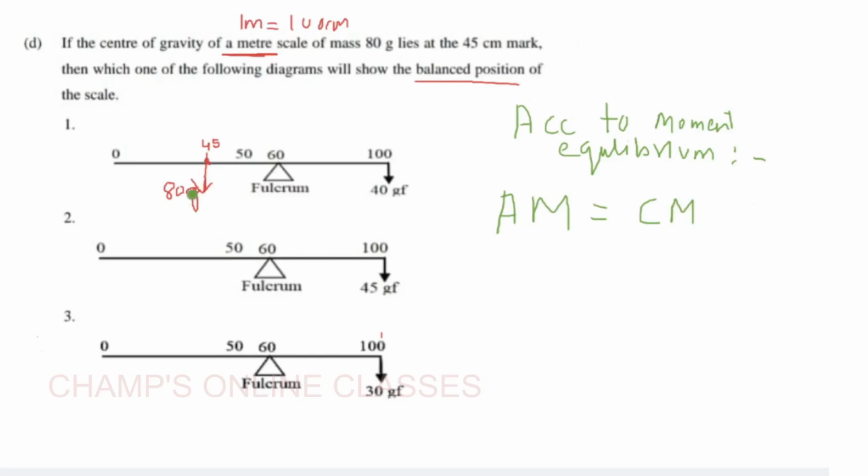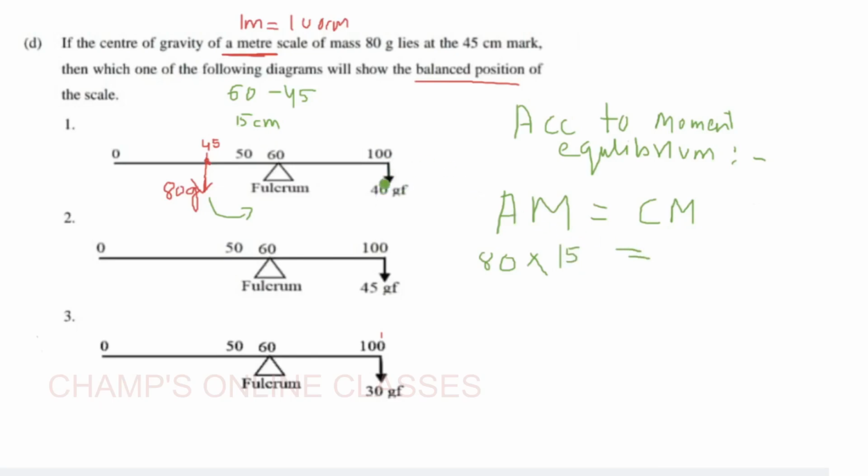In this case, this 80 gram force is producing an anti-clockwise moment. So force into distance. What is the distance between 60 and 45? 60 minus 45, that is 15 centimeter.